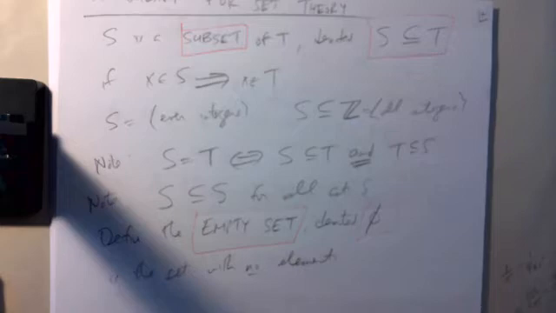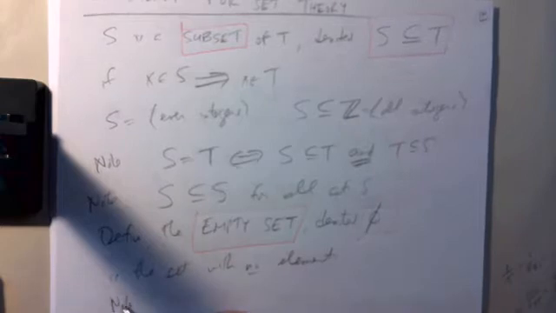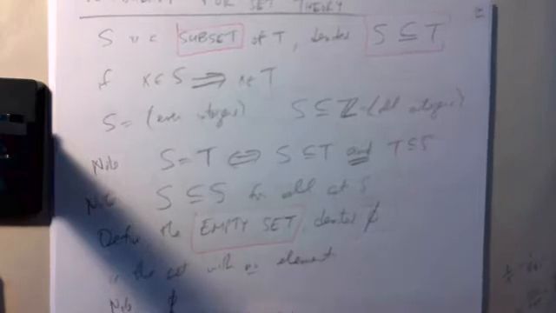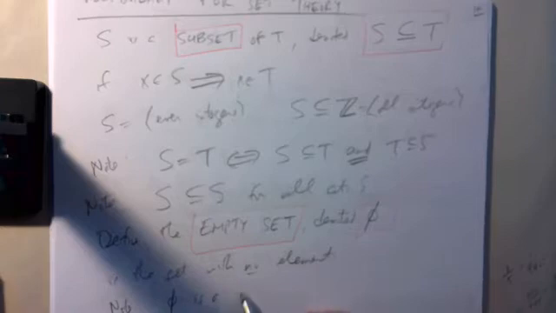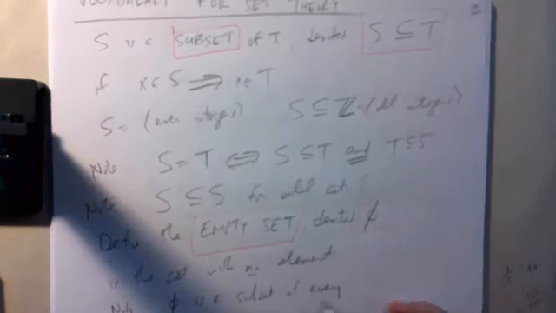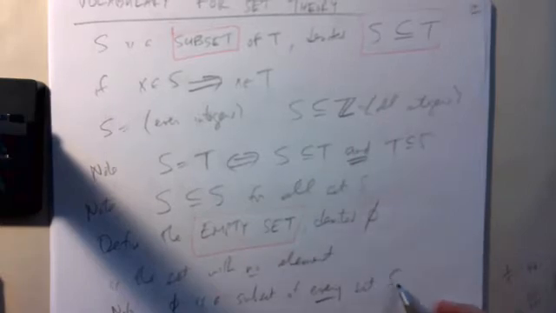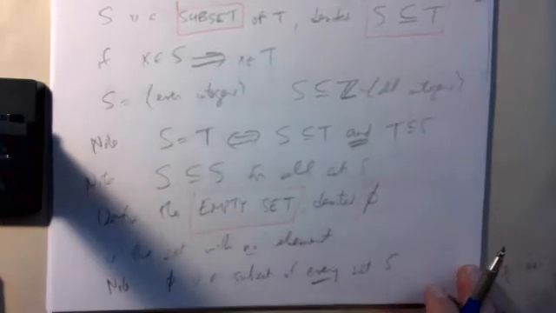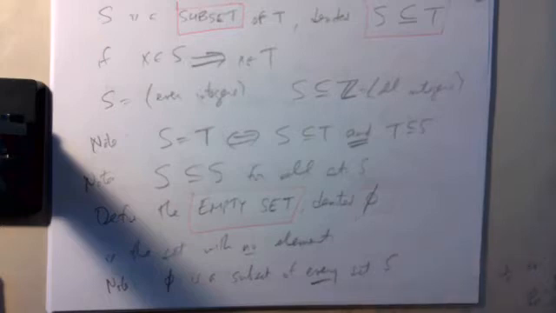And again, the empty set is a subset of every set S, right? How could it be otherwise? The only way this could not be a subset of S is if there's some element of the empty set that's not in S. But there is no element in the empty set. So every set S automatically contains the empty set.